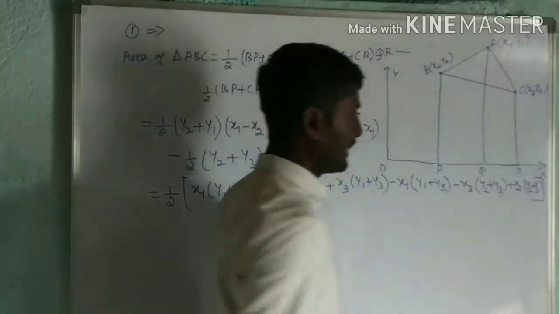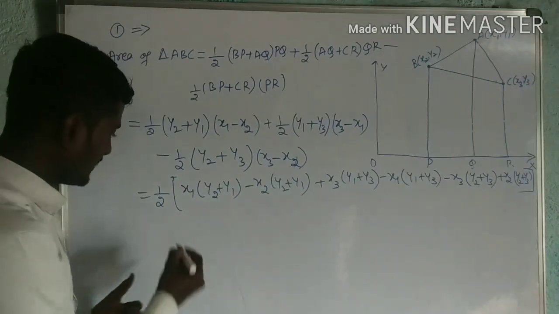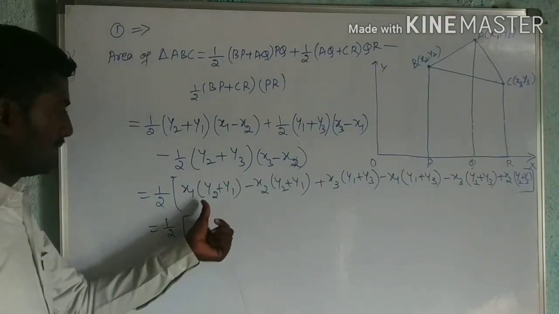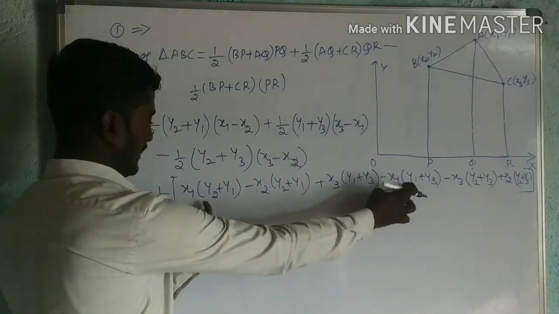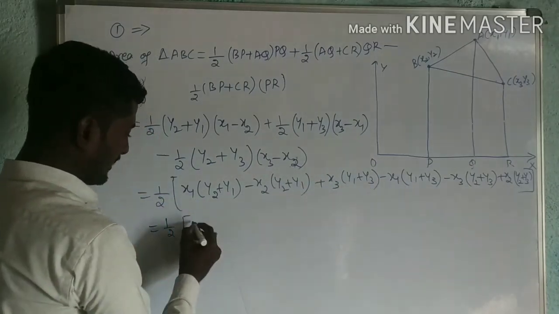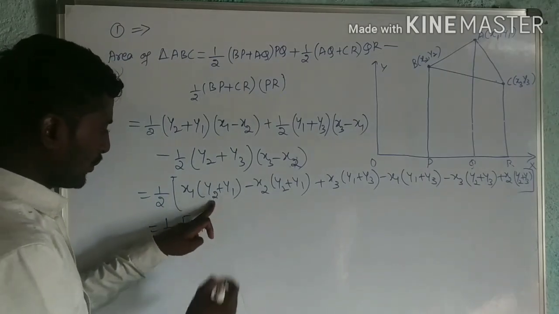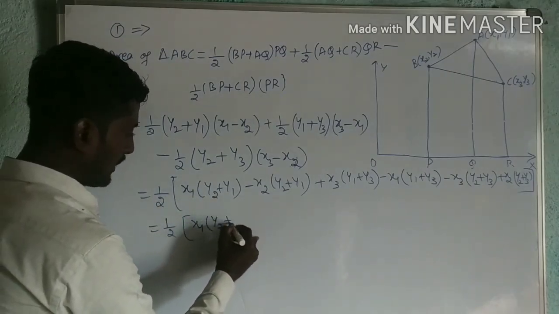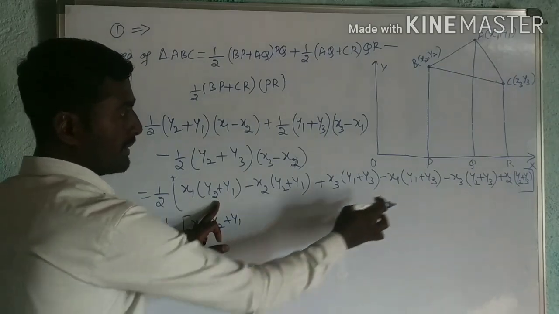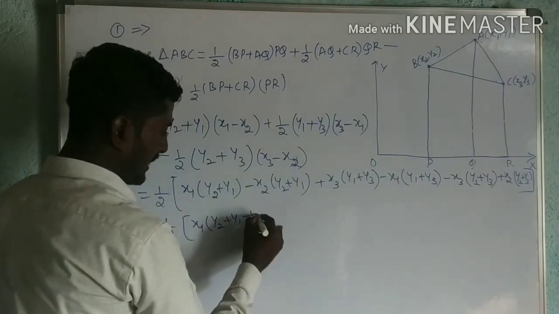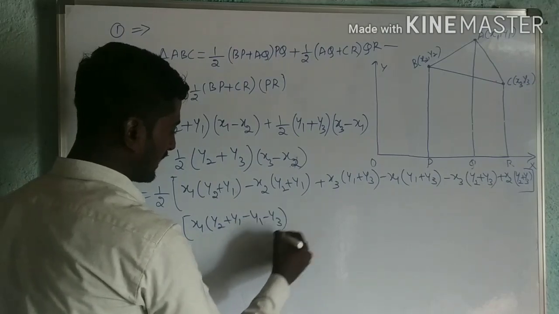Okay, bracket close. This is equal to 1 by 2 into, now for these two terms, I will take x1 common. Remaining is y2 plus y1, here minus is there, minus y1 minus y3.